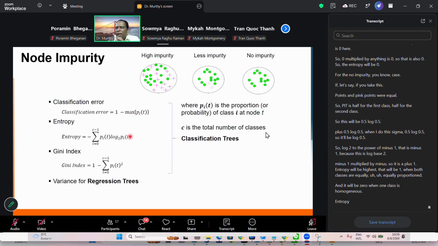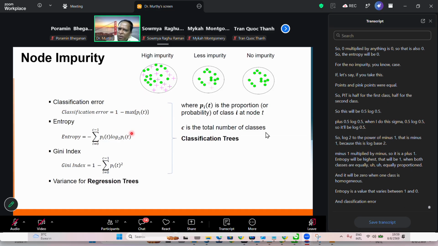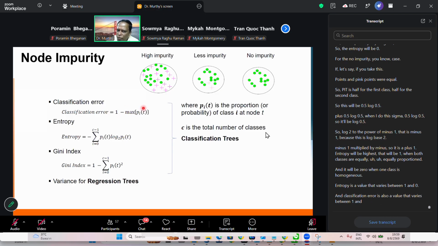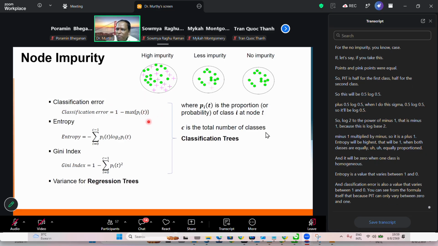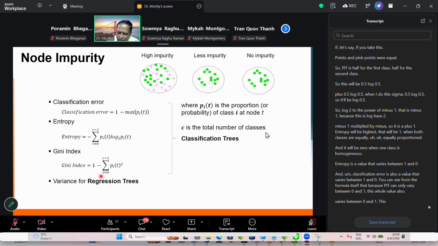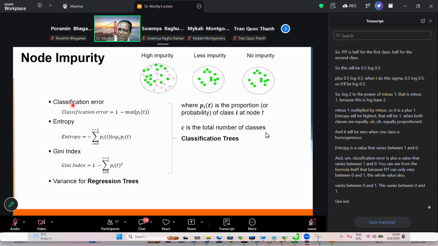Entropy is a value that varies between 1 and 0. And classification error is also a value that varies between 1 and 0. You can see from the formula itself that because PIT can only vary between 0 and 1, this whole value also varies between 0 and 1. Gini index is an alternative.